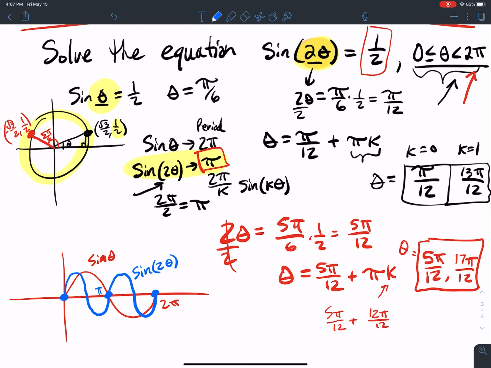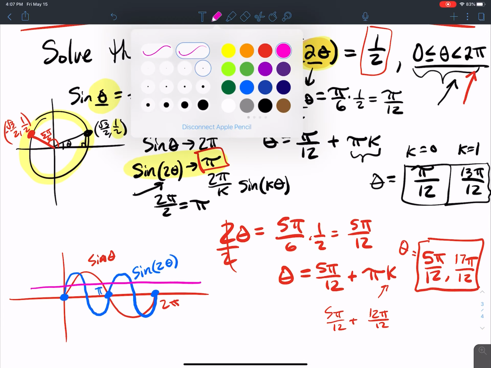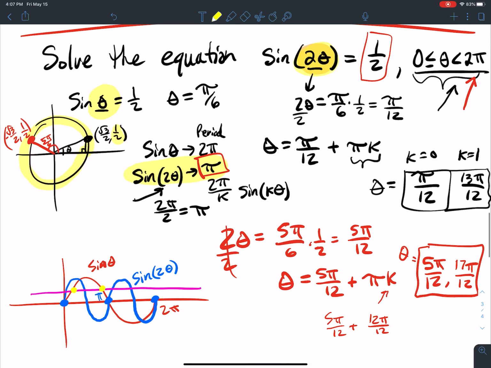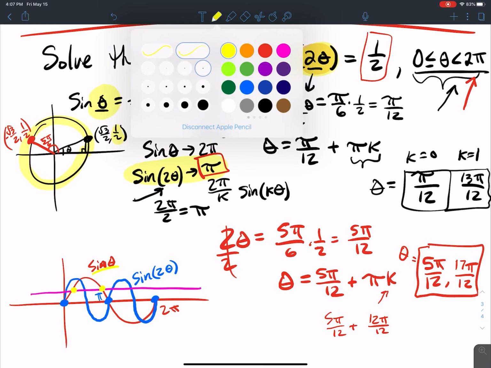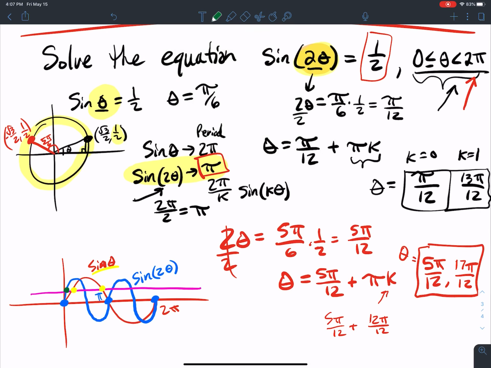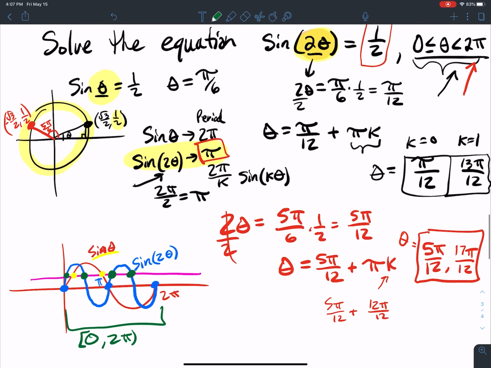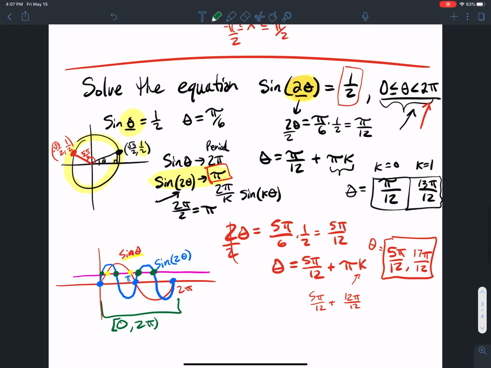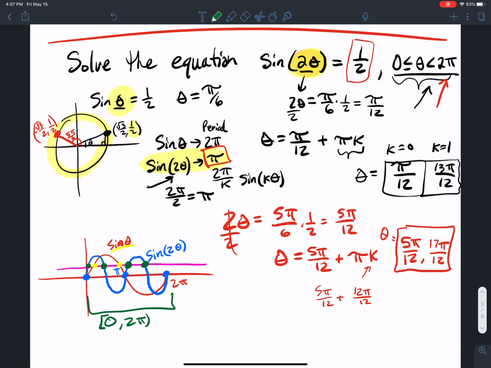So when I draw that horizontal line at 1/2, I don't just have 1 and 2 solutions like I would with sine theta, but I also have 1, 2, 3, 4 solutions in that 0 to 2 pi interval. Okay, so graphing it might help you as well when you're working through that.